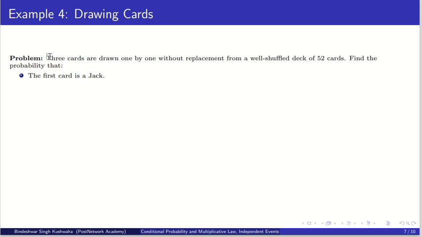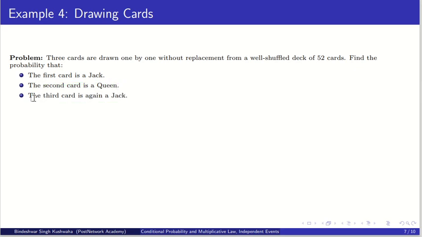Let us see the fourth example. 3 cards are drawn one by one without replacement from a well shuffled deck of 52 cards. Find the probability that the first card is a jack, the second card is a queen, and the third card is again a jack.